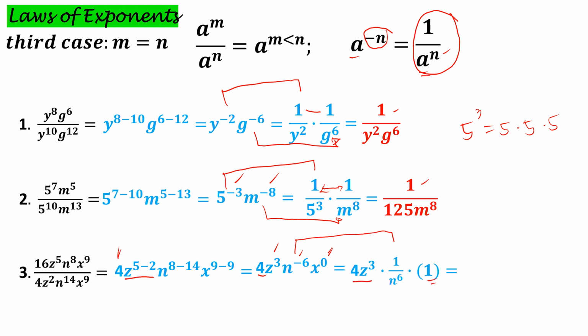And for this, you already know that it has a denominator of 1. So multiply both numerators and denominators, then we have 4z cubed over n to the 6.